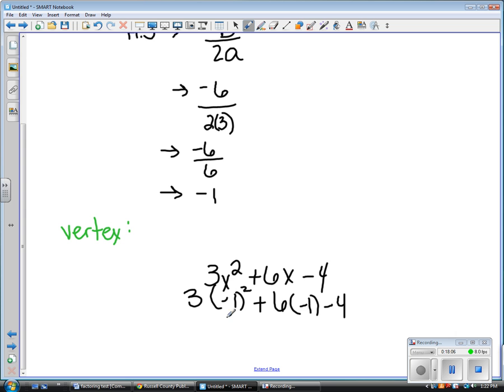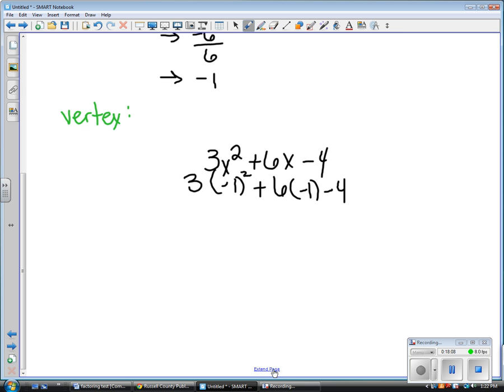What's negative 1 squared? Positive 1. So it's 3 times 1 plus 6 times negative 1 minus 4. Go through and multiply, so it's 3 minus 6 minus 4. What's 3 minus 6? Negative 3. Negative 3 minus 4? Negative 7.